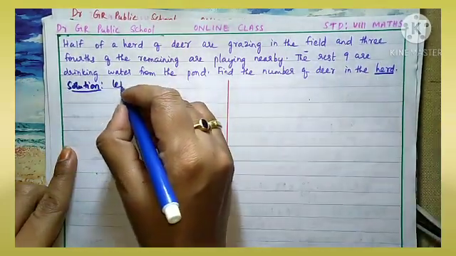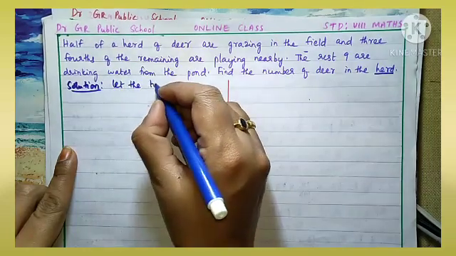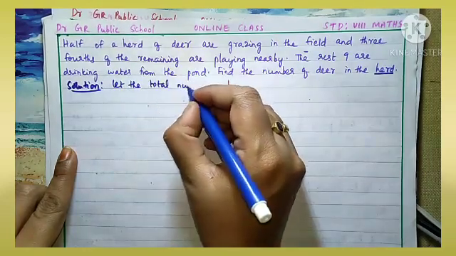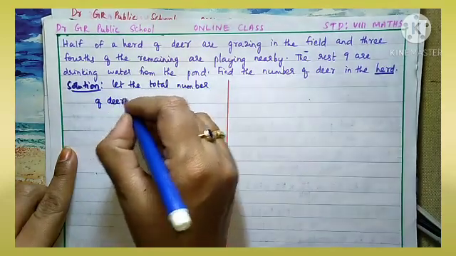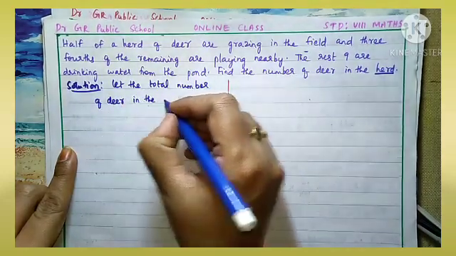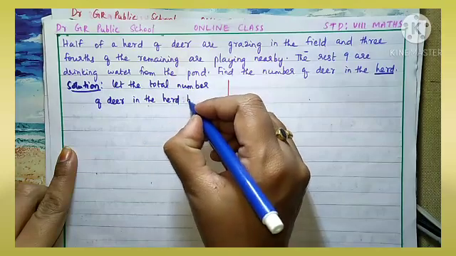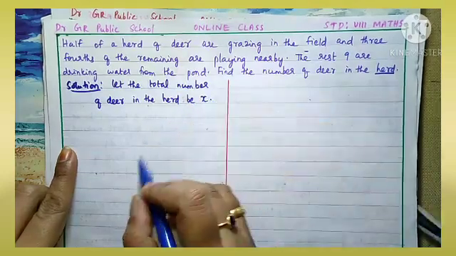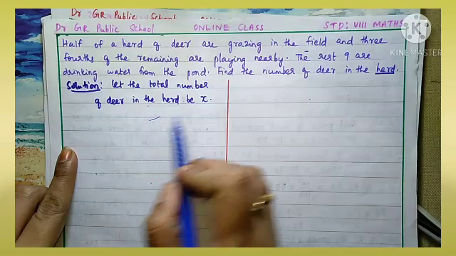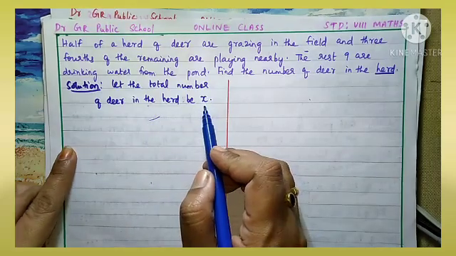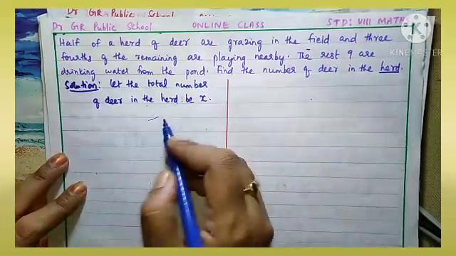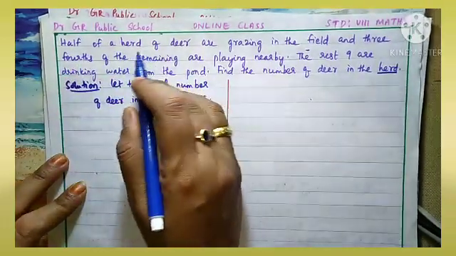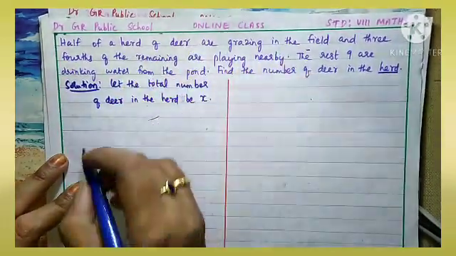So we need to find the number of deer in the herd. Let the total number of deer in the herd be x. So this x only we want to find out. Now we can start from the problem. Half of the deer are grazing.